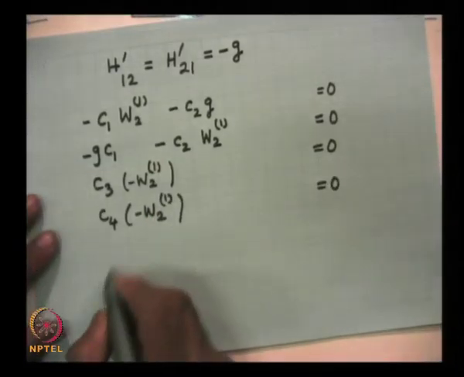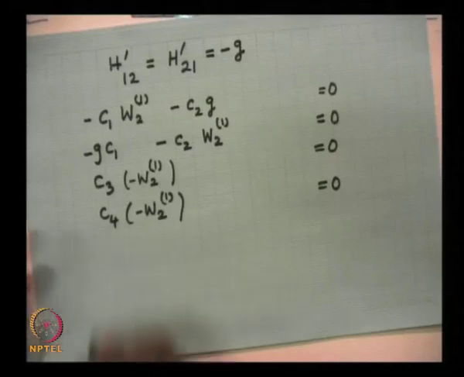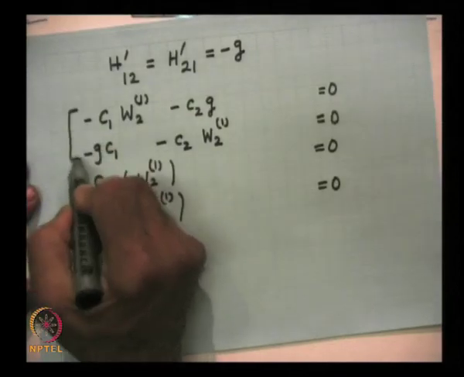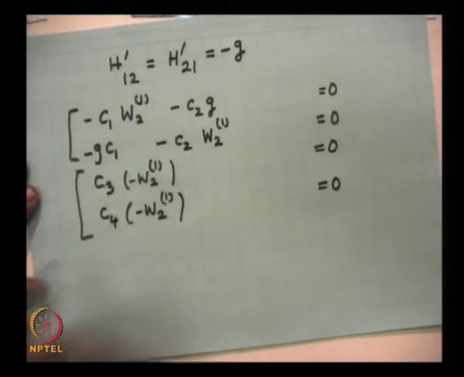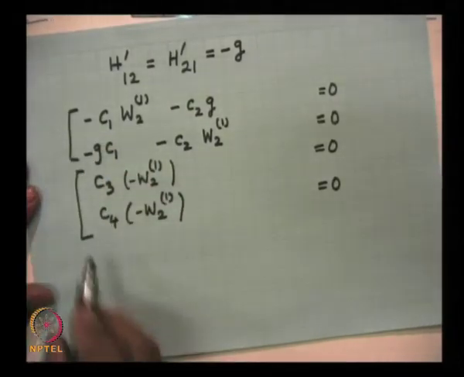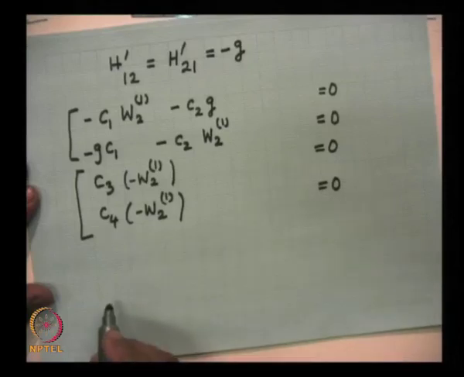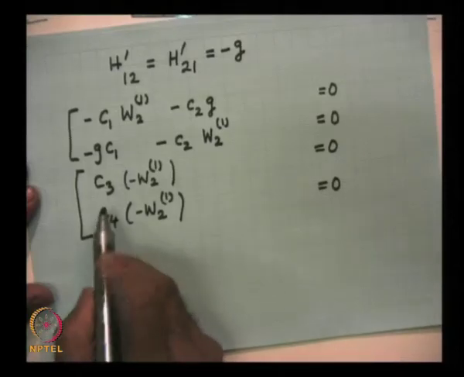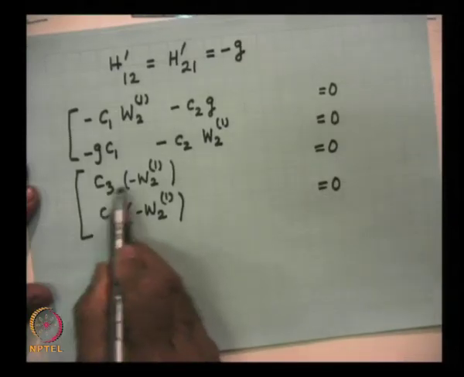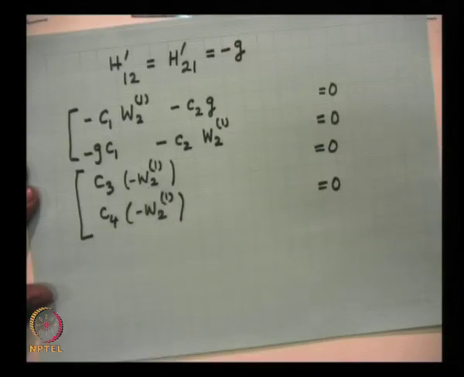Actually, we will have a 4 by 4 determinant like this, but it simplifies because these two are coupled and these two are not coupled. We can say these two equations tell us that either C3 is 0 or W21 is 0.